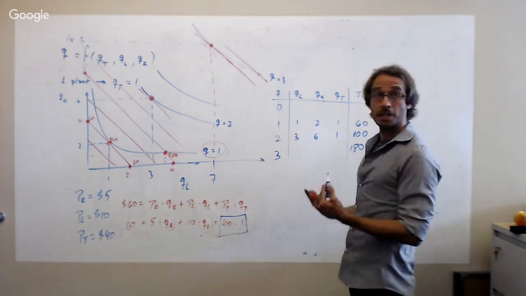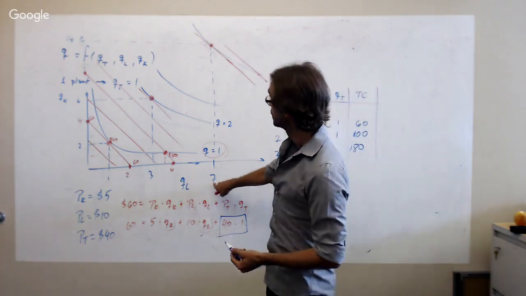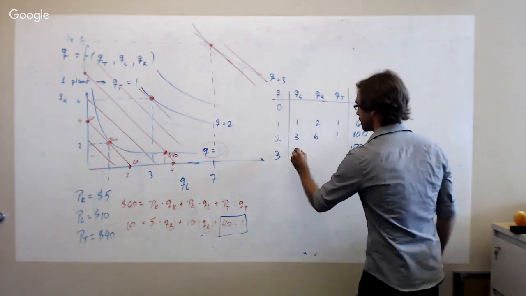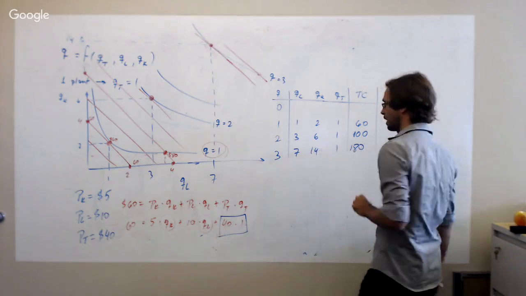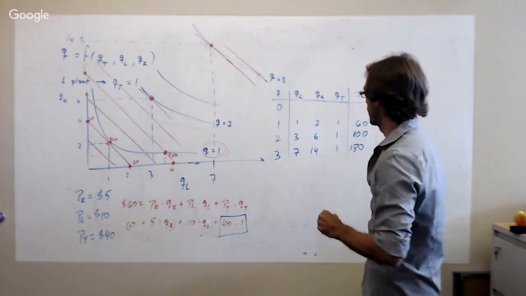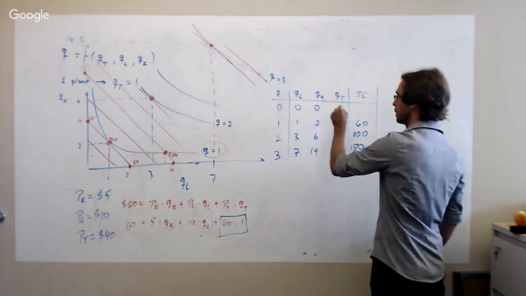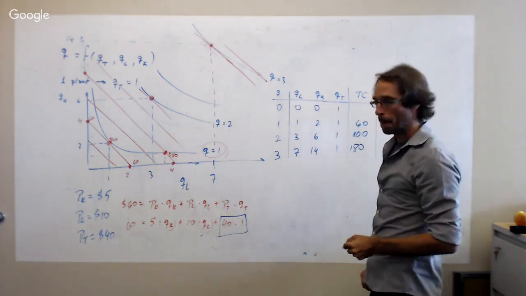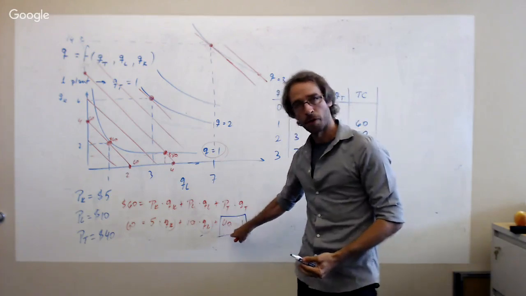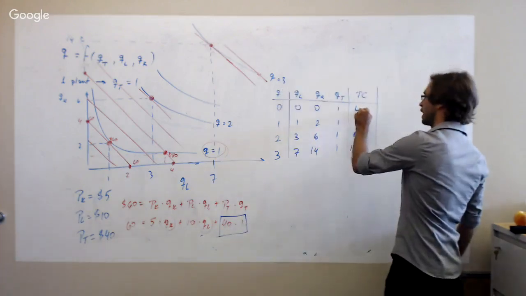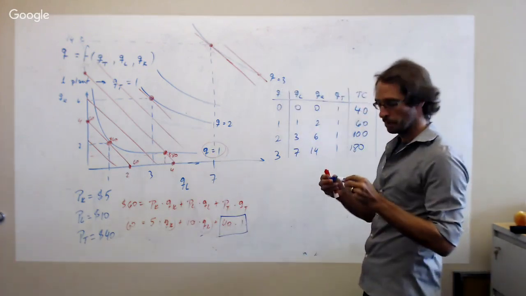And what combination of inputs are we using? 7, 14, and again, stuck at 1 plant. And if we wanted to produce 0, then we would pick 0 and 0, obviously, but we would still be stuck at 1 plant. So we still have to pay this $40. Those would be unavoidable. All right.